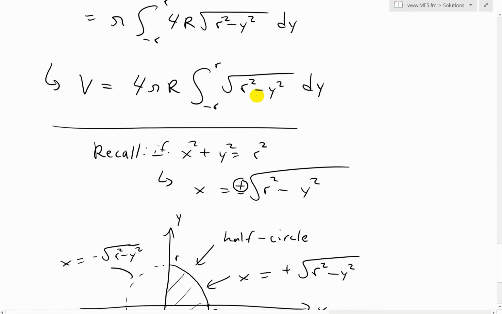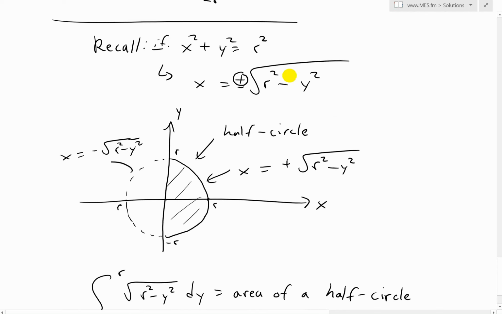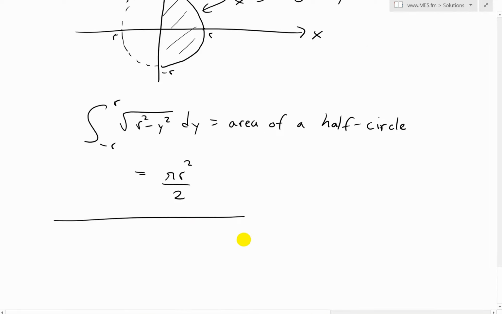So we could replace this whole thing with 4 pi R, and then pi r squared divided by 2. I'll just write it over here, there's not enough room.